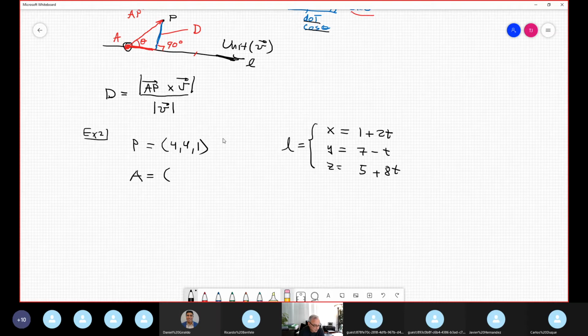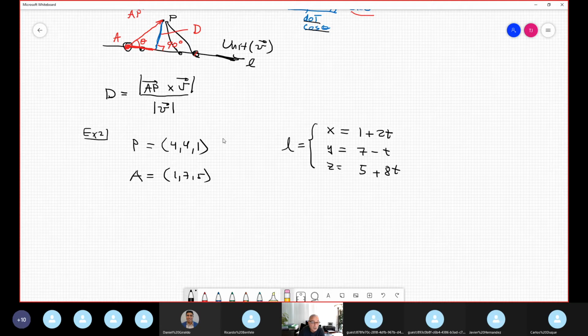Then this point (1, 7, 5) belongs to the line at t equals 0. You can take another, of course. What is the difference? Suppose A is here, another point here, another point here. It doesn't change the answer, right?